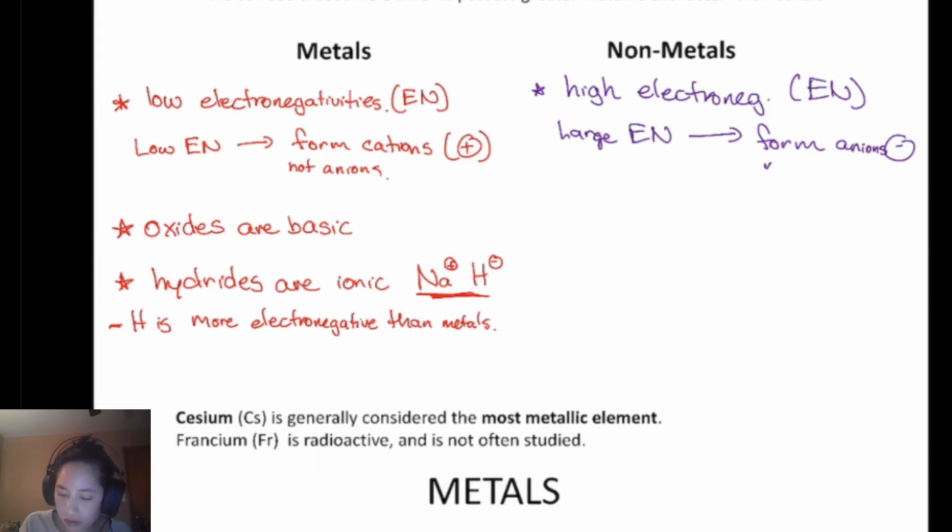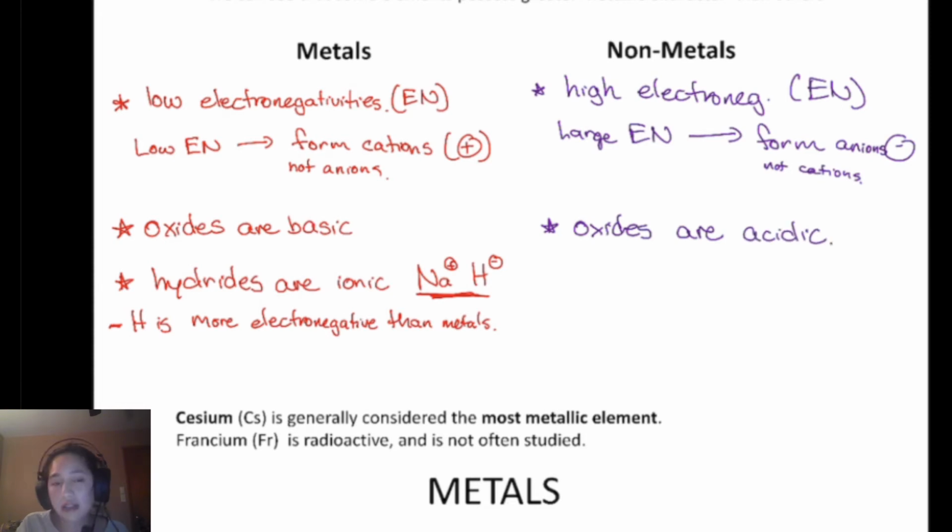So not cations. Because electronegativity is high, an electron is more likely to associate with a nonmetal versus a metal. What else? So for nonmetals, their oxides are typically acidic.